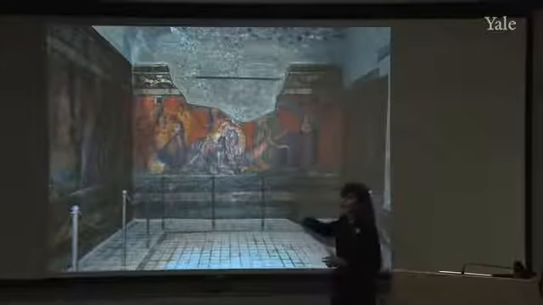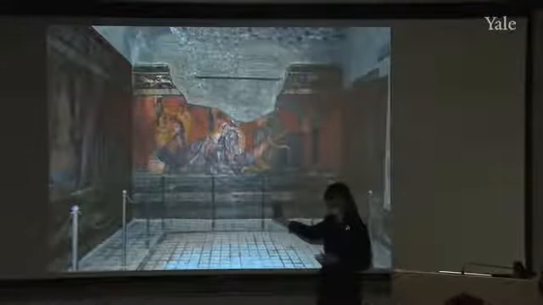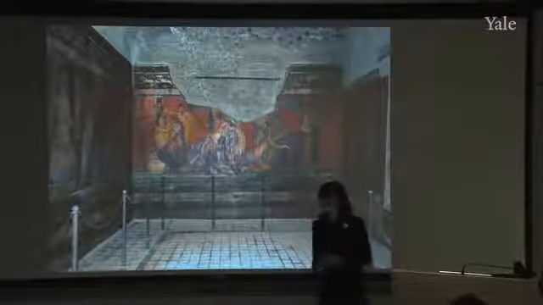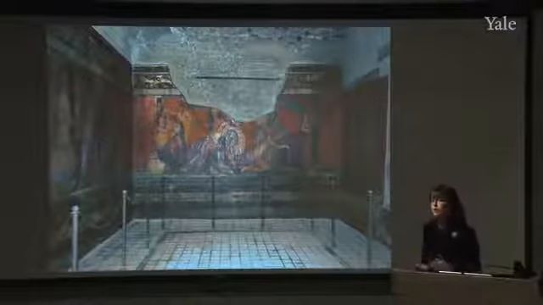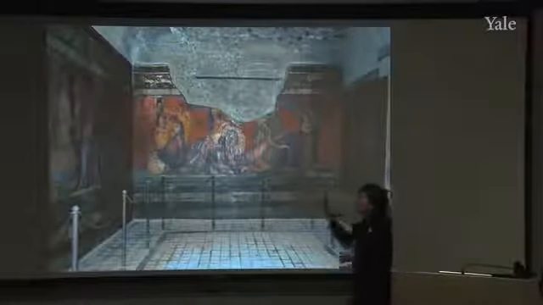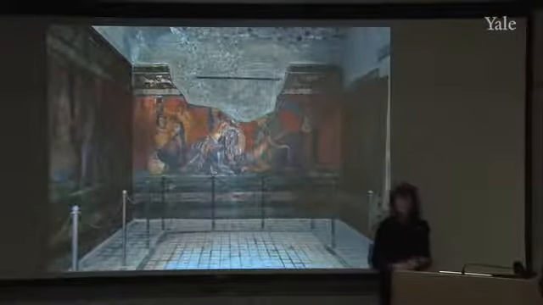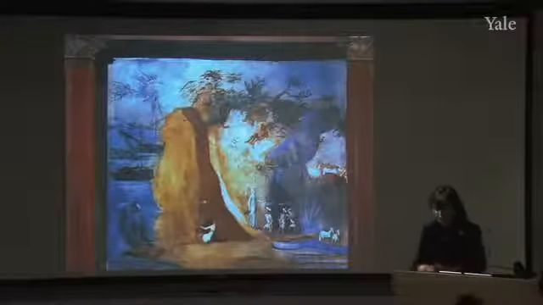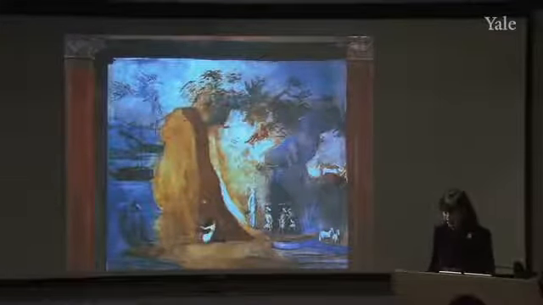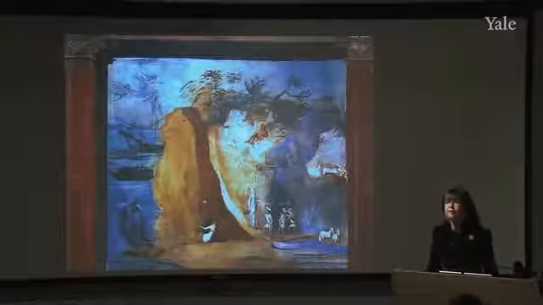But this is the only painting that we have like this. It doesn't mean that there might not have been others, but I think it probably means that there weren't a lot of others, that this was truly an exceptional work of art that is preserved in the Villa of the Mysteries at Pompeii.